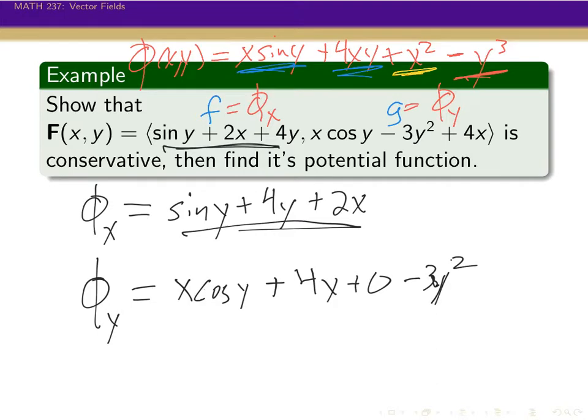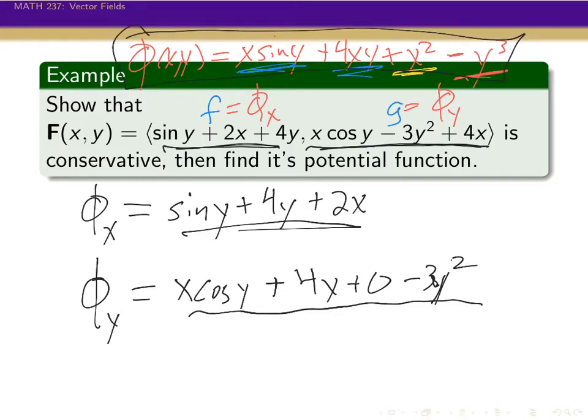And so x cosine y plus 4x minus 3y squared matches our y component function for f. So this phi does work as our potential function.